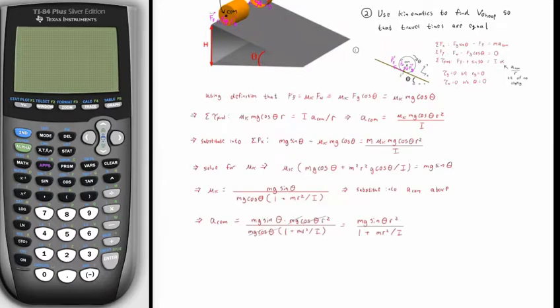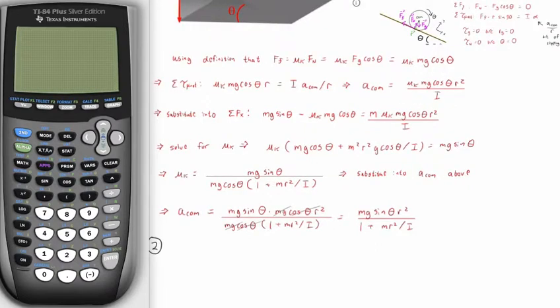Taking a look at part 2, we know that the hoop has a bigger moment of inertia, which means it should have a slower acceleration.